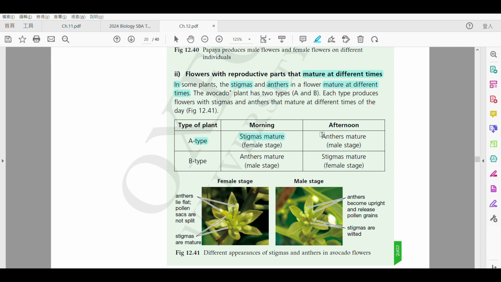好啦，as you can see, so when stigma mature of flower A，OK，當佢係 flower 先啦。The anther is, sorry. Okay, so how do we say that? So there are two types of flowers.